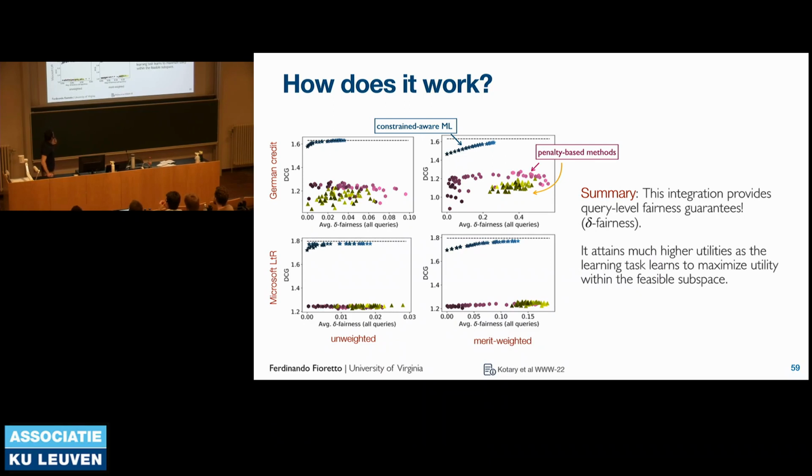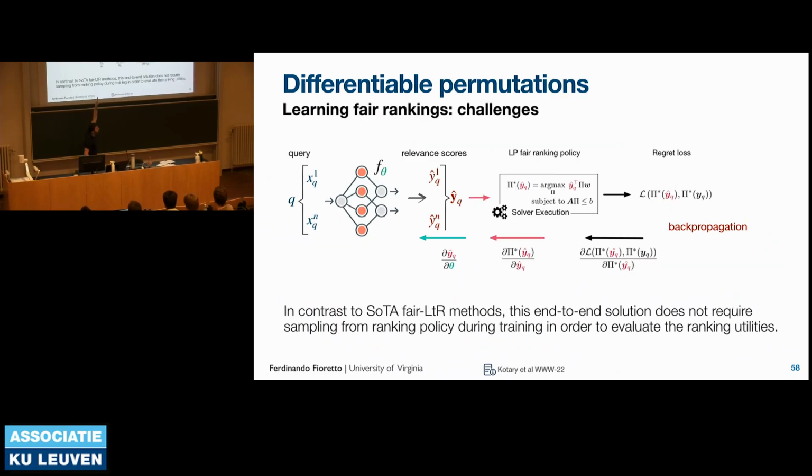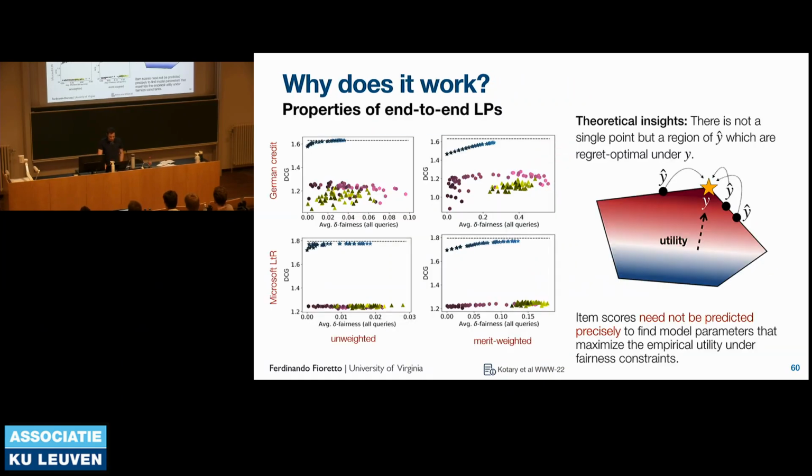And the other interesting aspect is that this approach attains much better utilities than other approaches. And to explain why this is the case, remember that here you're making a prediction. You're predicting those y, the relevance scores. And then you're using those relevance scores in a program, right? Now, when you're using penalty-based methods, those relevance scores need to be quite correct, because you're using them directly to rank.